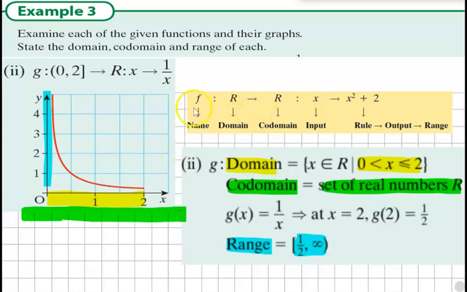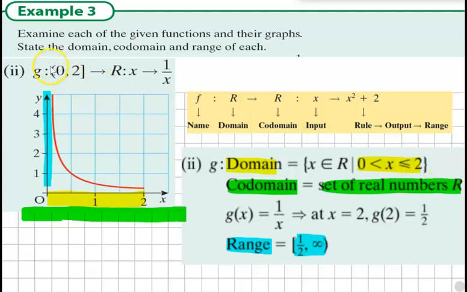So if we follow our yellow box from the previous video, we had f from R being the name and the domain. So now we have g from (0, 2]. So the name of the function is g and the domain is (0, 2]. So we write it as the domain is equal to x as an element of the real number set, where x values are greater than 0 but less than or equal to 2.